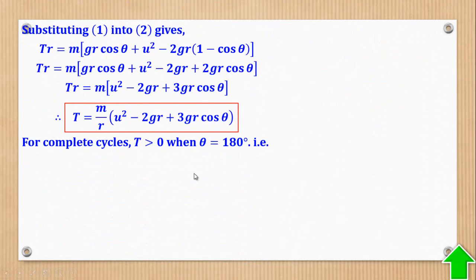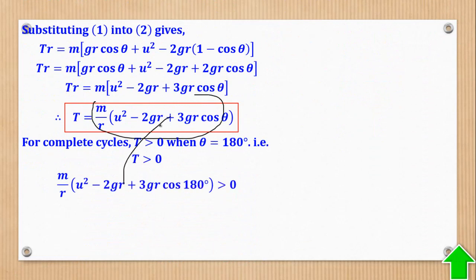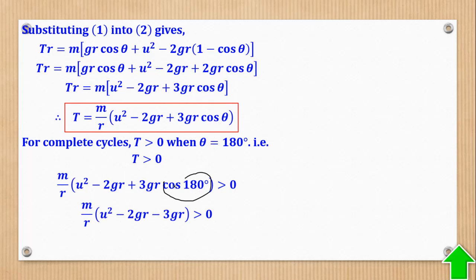So you shall come and say that tension is greater than 0 at the highest point, and at the highest point theta is 180 degrees. So come and substitute. Bring this tension here, but where there is theta, you put 180 degrees. Then you realize that cos 180 degrees is -1, so this becomes minus.